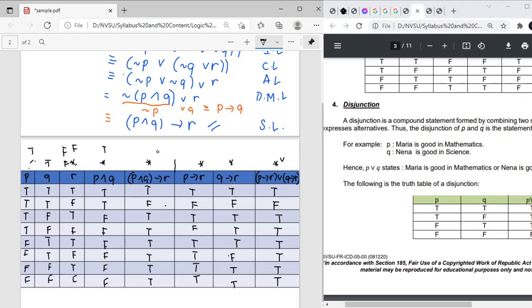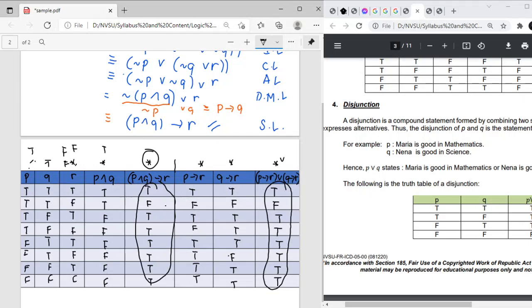Again, ang kino-compare nating truth values are etong statement na yan, that is P and Q implies R, and then we have P implies R or Q implies R. And we have shown these are our truth values. Ayan. And these are our truth values. Ibig sabihin, they are logically equivalent by verifying using the truth table.